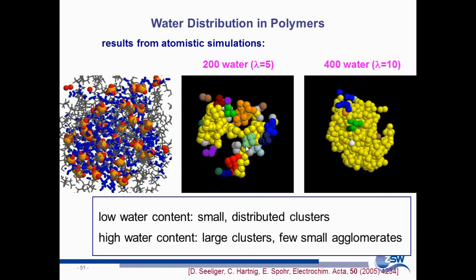Well, let's have a look at some water distribution. You see here a degree of hydration of about 5 water molecules per sulfonic acid group, and here 10. You see there is a lot of water going around these sulfonic acid groups, and the higher the degree of hydration, the more the probability that these water clusters merge into each other and become more and more like liquid environments.